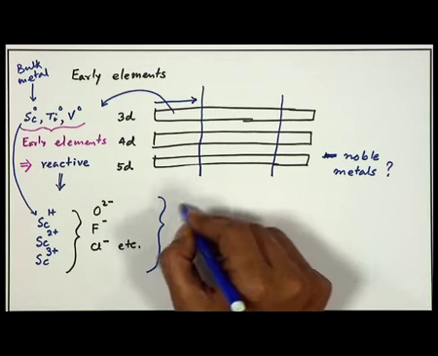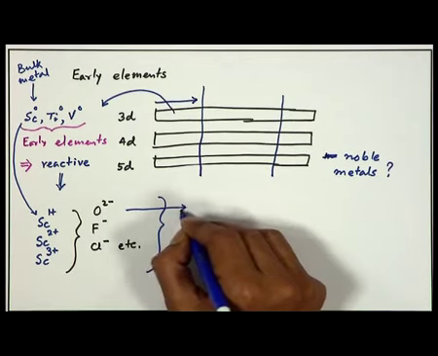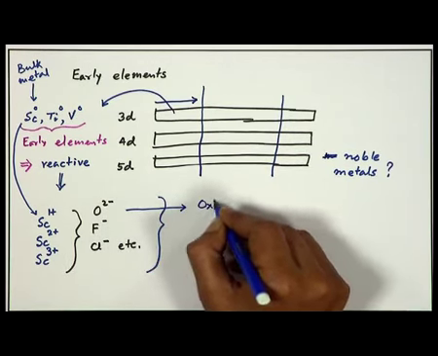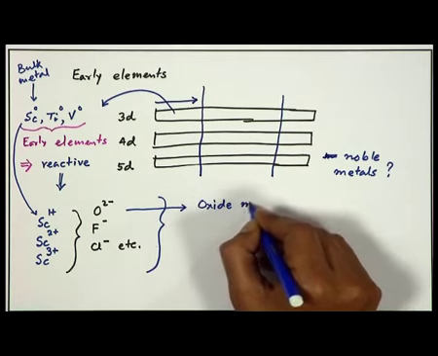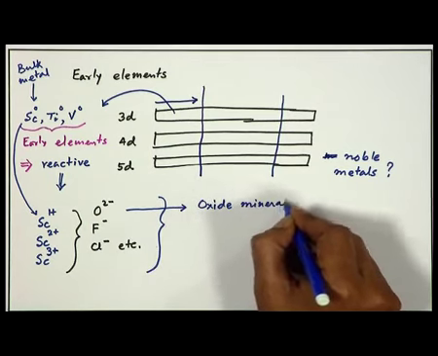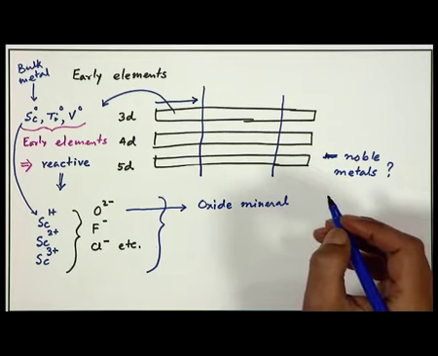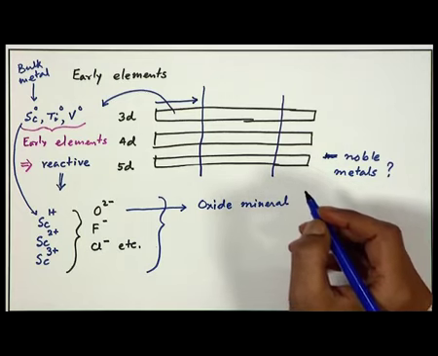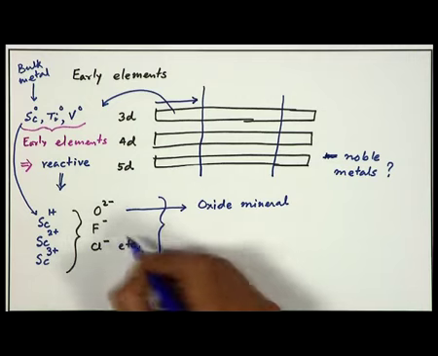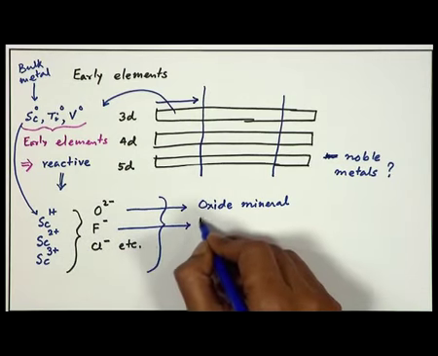We get as a result from this reaction with O2 minus oxide minerals. So, these oxide minerals are what? Oxides and fluorides also. So, we can also have the fluoride.